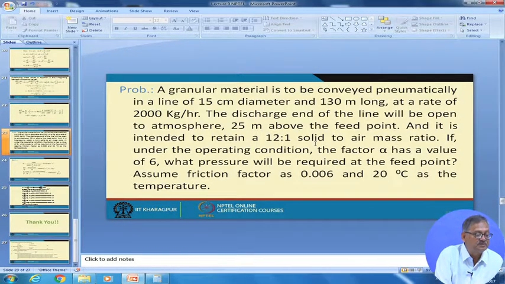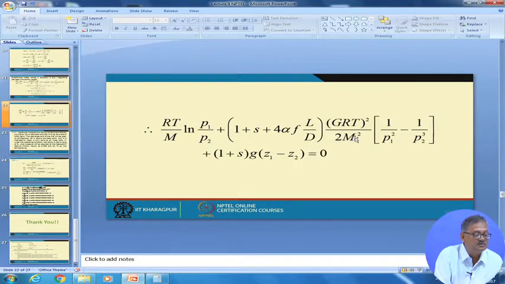Because in our expression it was GRT by 2m square, 1 by P1 square minus 1 by P2 square, not cube. So if that is true, then ln of P1 by P2 is 1.5.